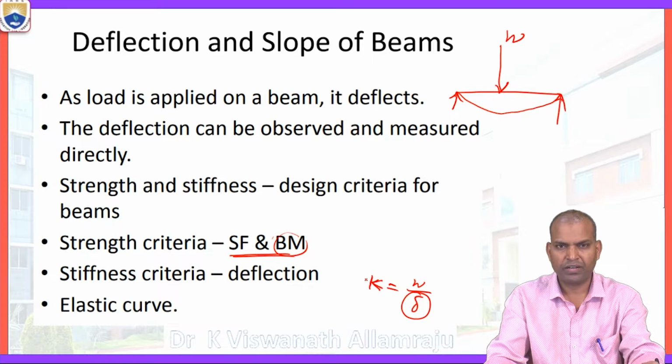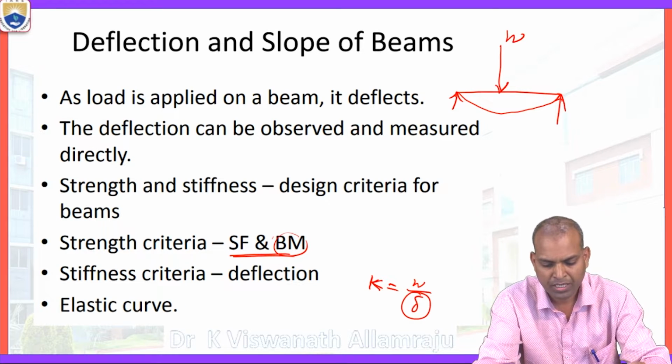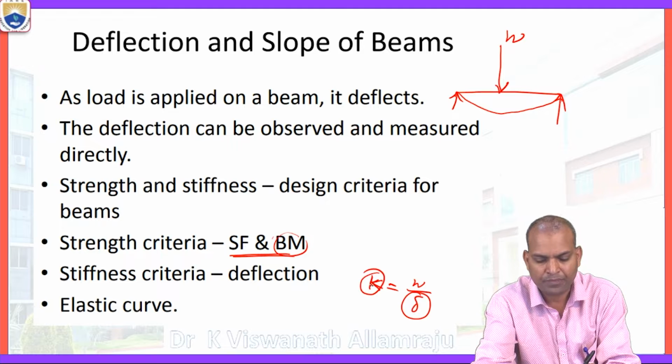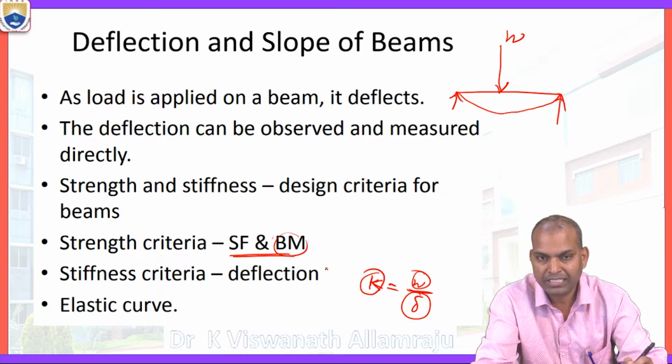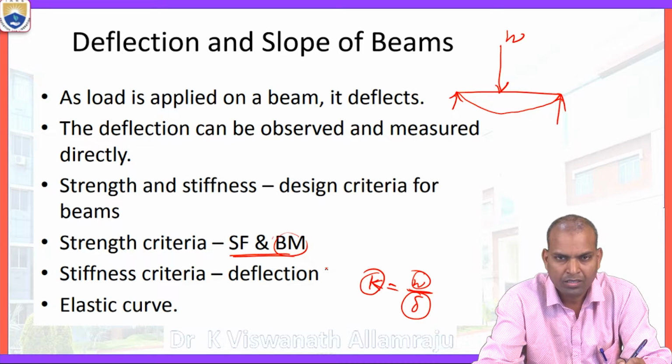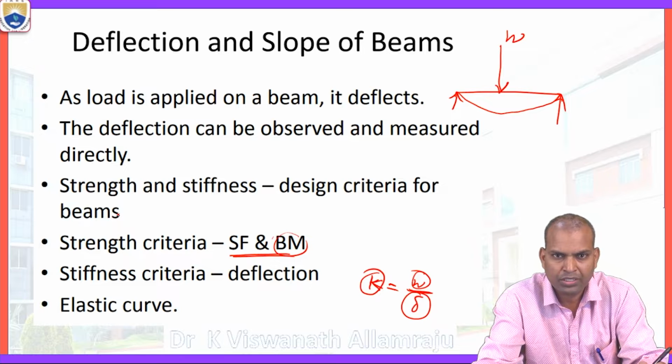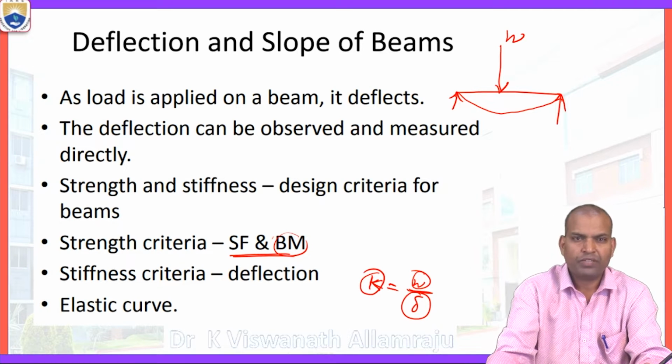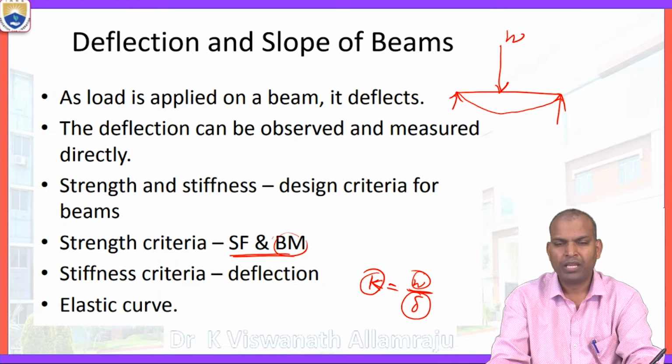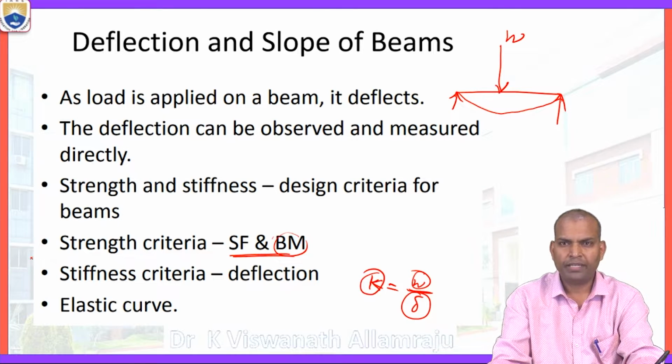If the value of the deflection is maximum, then the stiffness is low. So for different loads, the stiffness can be calculated by using the deflection of the beam. So the values of the deflection are highly important in order to measure the property of the material, that is the stiffness.